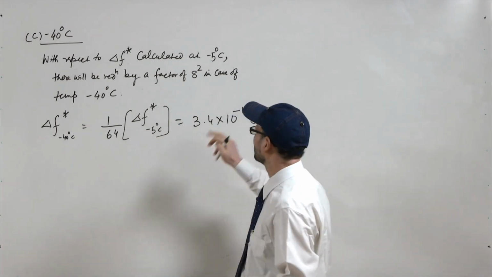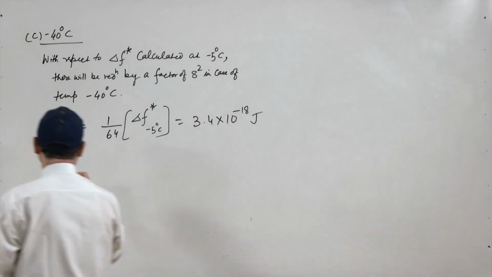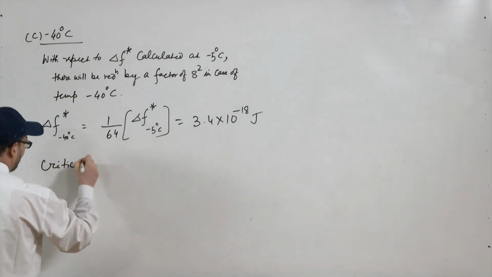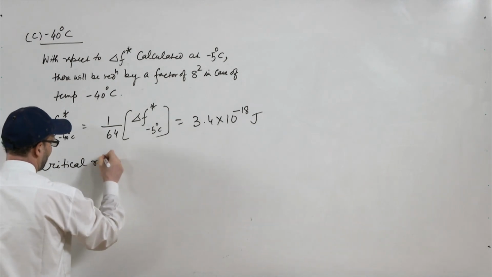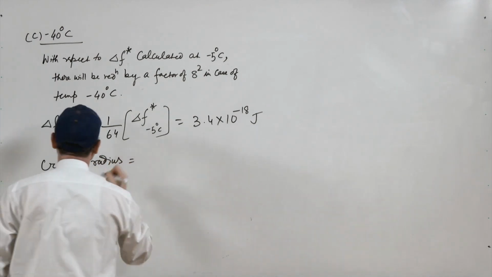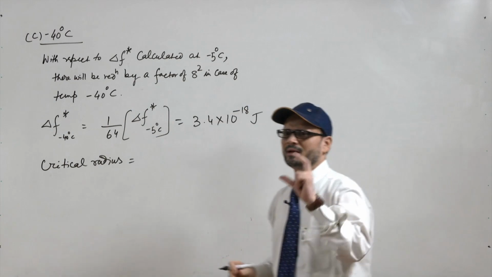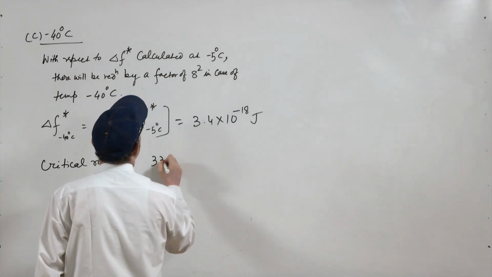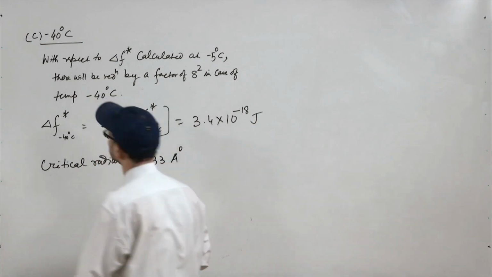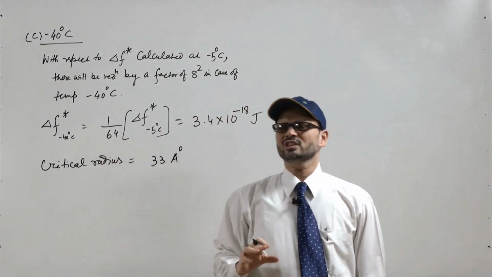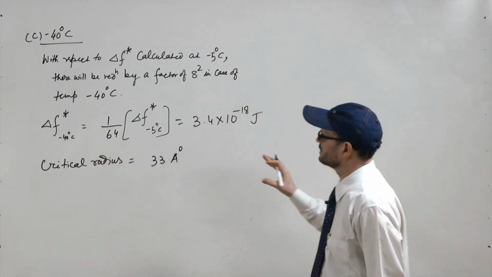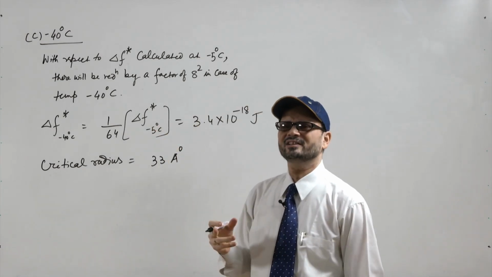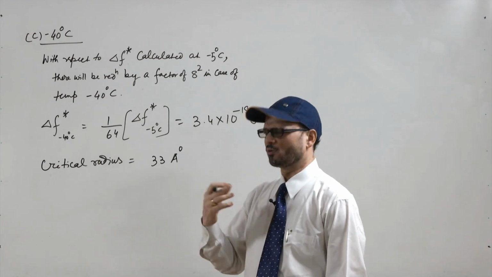Similarly, we can also find the critical radius. Critical radius will be reducing by a factor of 8, so that will be 33 angstrom. This is how you calculate the critical free energy as well as the critical radius for all these problems.